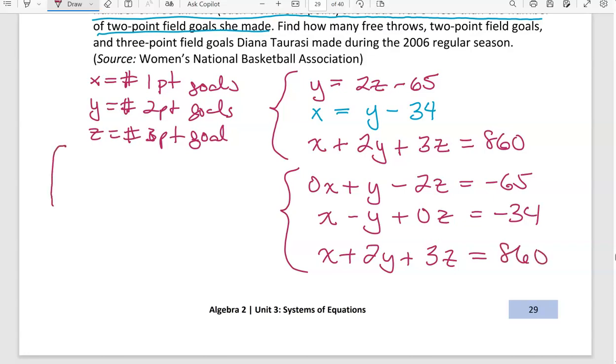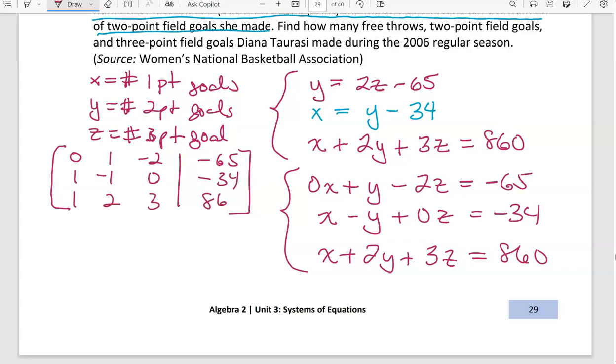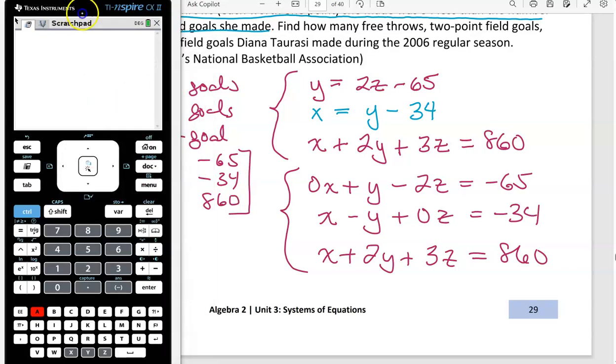We can rewrite that in augmented matrix form, 0, 1, negative 2, negative 65. Don't forget that vertical line for the equal sign. 1, negative 1, 0, negative 34, and 1, 2, 3, 860. Let's let the calculator put that into reduced row echelon form for us.